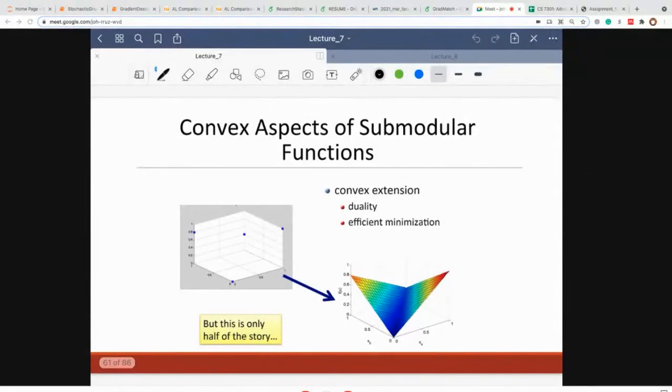So it turns out that there are certain convex aspects of submodular functions. Some of which we'll cover in this course, but some of which I'll just superficially mention and point you to some papers related to this. The convex aspects of submodular functions is basically the fact that you can come up with an efficient convex extension, and we'll cover this in the next lecture.